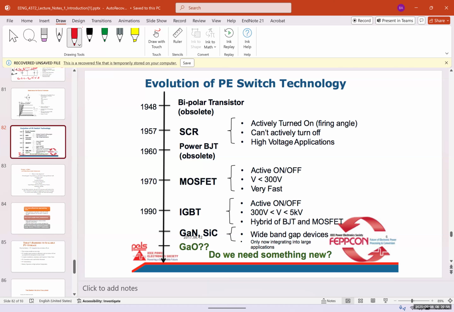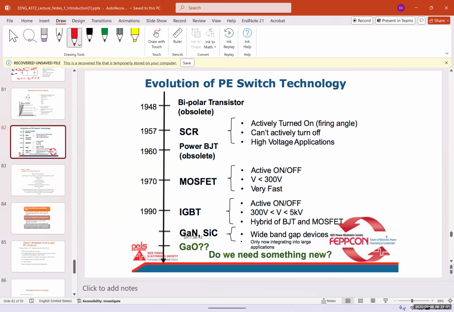And then came the IGBT, which is again actively turned on and off, but the voltage is higher than a MOSFET. It's above 300 volts, below 5,000 volts. They are a hybrid between BJT and MOSFET. And then we have the latest generations, like the GaN and the SiC.